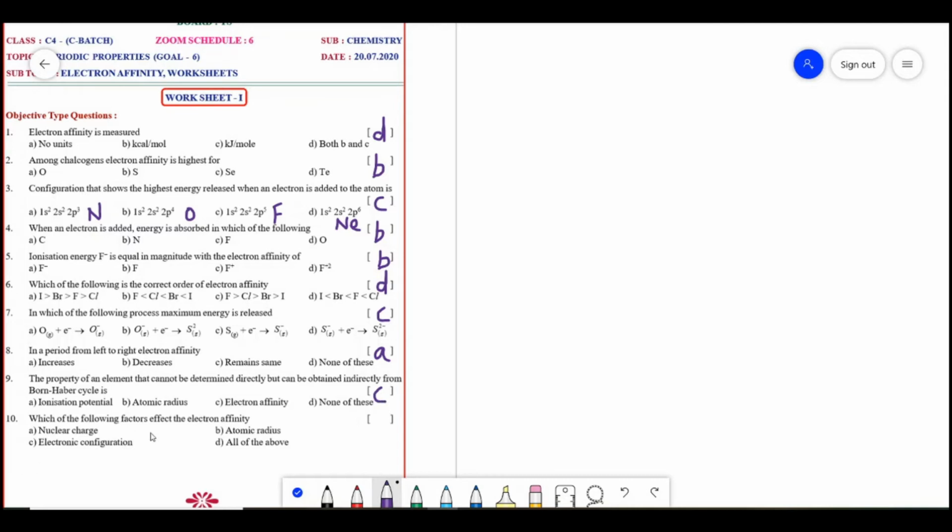Which of the following factors affect the electron affinity? Nuclear charge, configuration, atomic size. All the above. So the option is D. That's all for the day. Thank you.